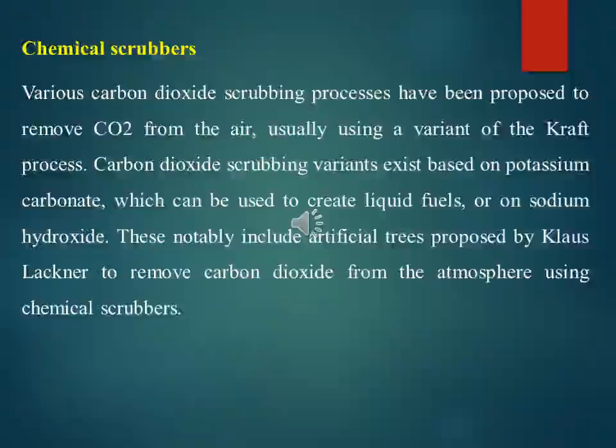Carbon dioxide scrubbing variants exist based on potassium carbonate, which can be used to create liquid fuels, or on sodium hydroxide. These notably include an artificial tree proposed by Klaus Lackner to remove carbon dioxide from the atmosphere using chemical scrubbers.